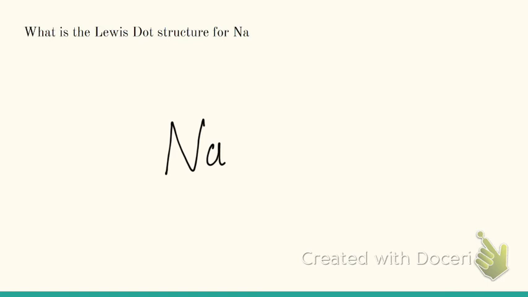This means that it only has 1 valence electron, so we're just going to have 1 dot. That is our Lewis dot structure: our symbol with the number of valence electrons represented as dots placed around the symbol. So that will be our sodium.